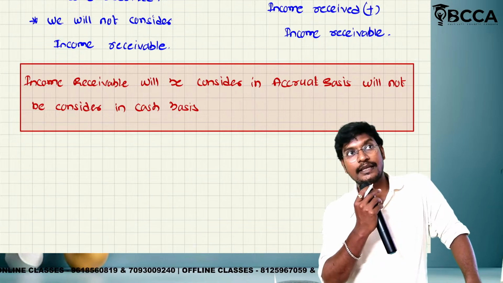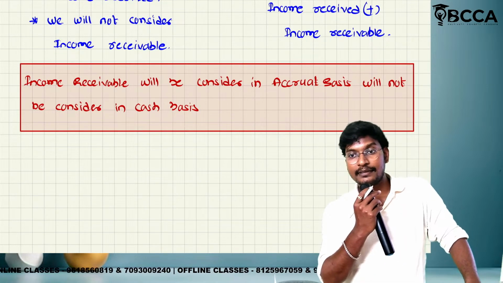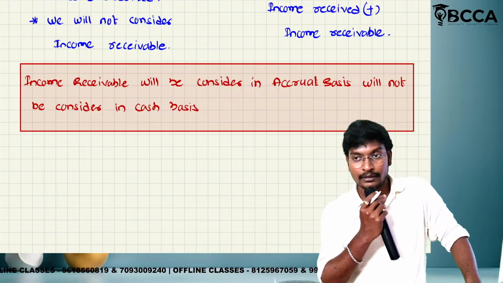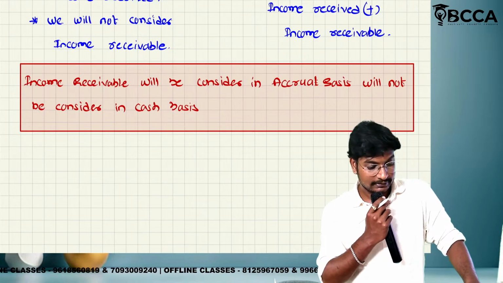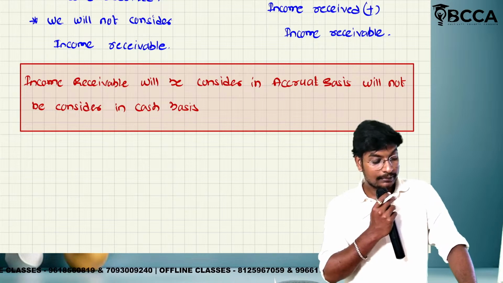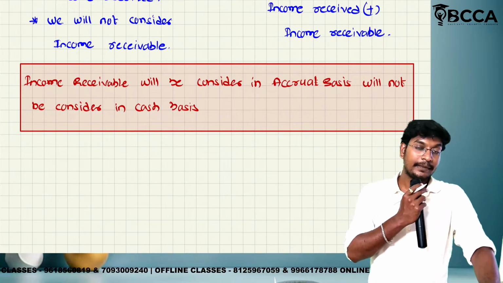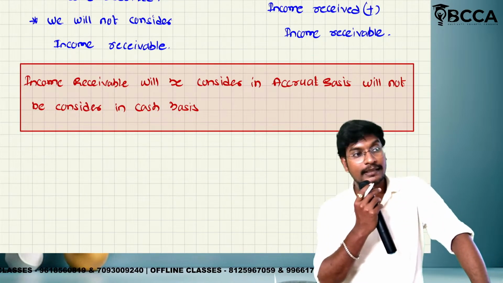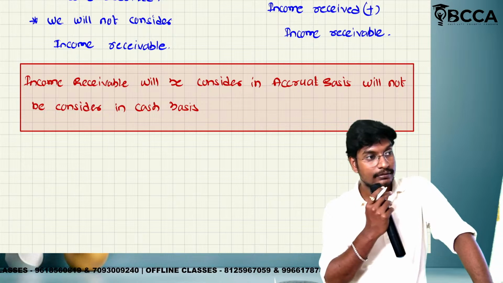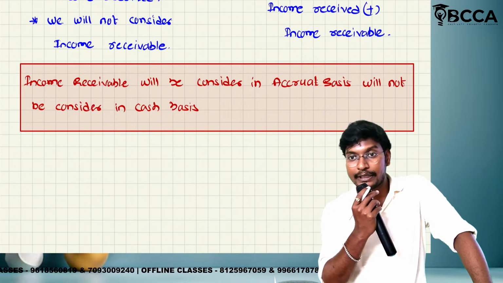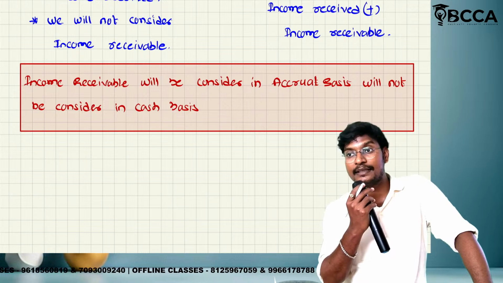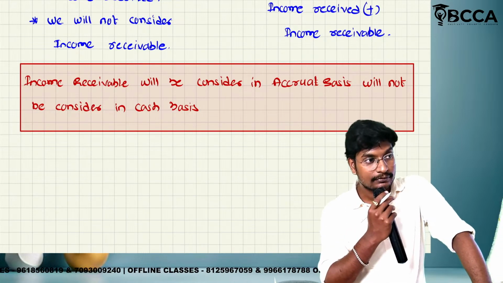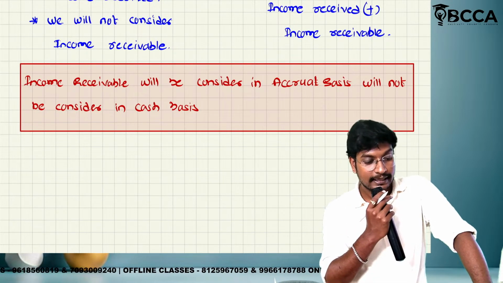So, outstanding expenditure will be considered in the case of accrual basis, and will not be considered in the case of cash basis. In the same way, prepaid expenditure will be considered in the case of cash basis, and will not be considered in the case of accrual basis. Next, income receivable will be considered in the case of accrual basis, and will not be considered in the case of cash basis.